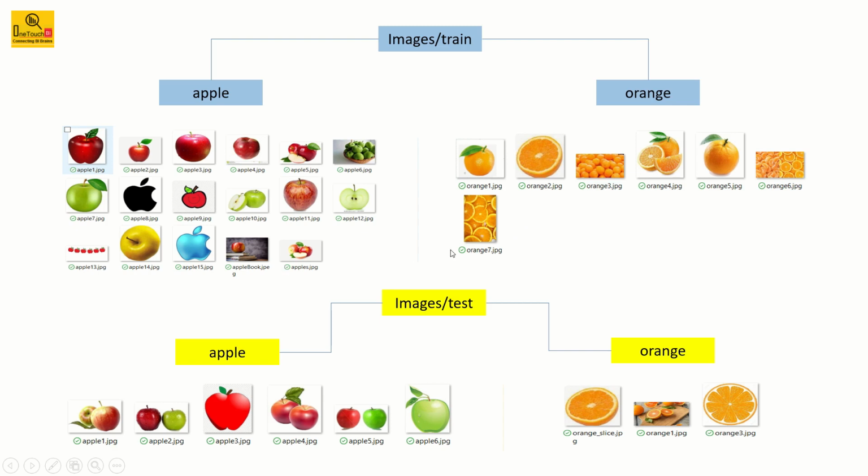After I train the model, I'm going to save the model in my local system, and later I'm going to pick up the testing data set. In the testing data set, again, I have 6 under apple and 3 under orange. These 9 images I'm going to pass to the trained data model which I already saved with 24 images.